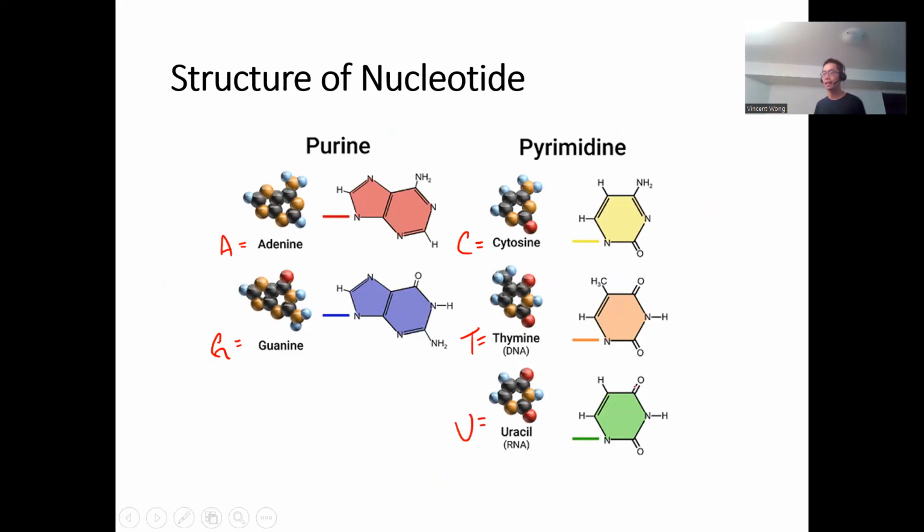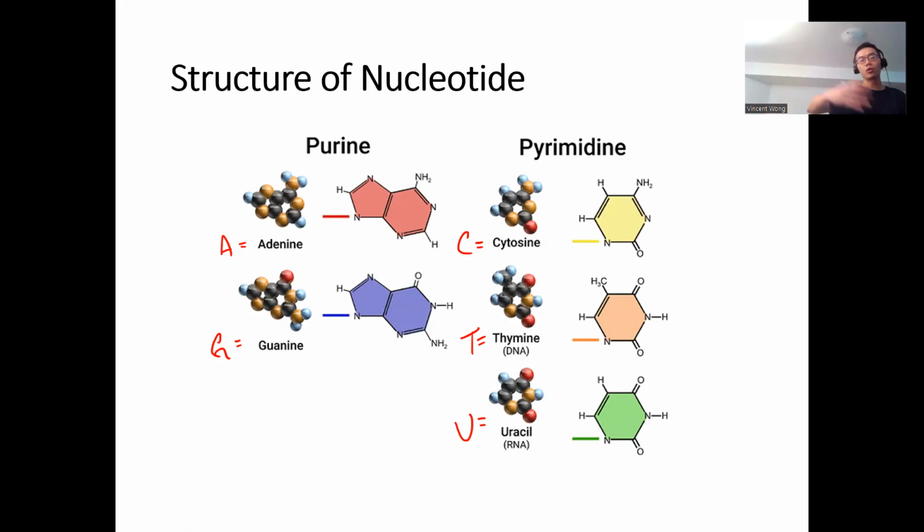Now, I need you to pay attention to a couple things here. I'll try to write down for you, but it's important that you understand this slide so that you will understand the upcoming slides as well. These are the nitrogenous bases that you will find on the nucleotide, and depending on which one you find on it, they're going to behave differently.